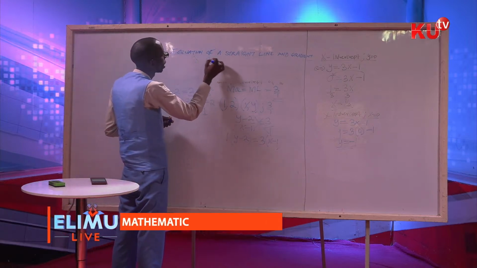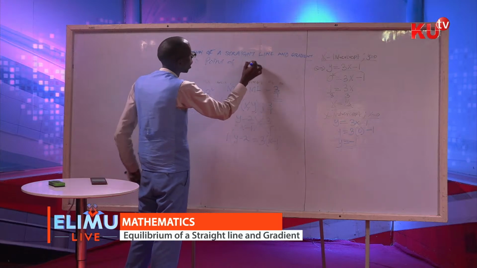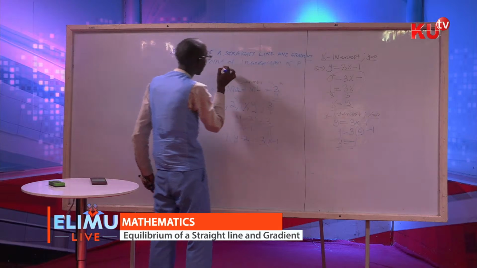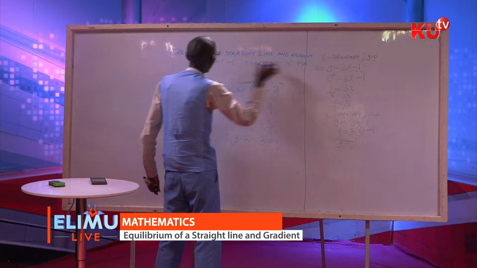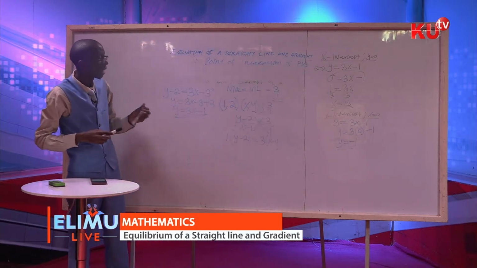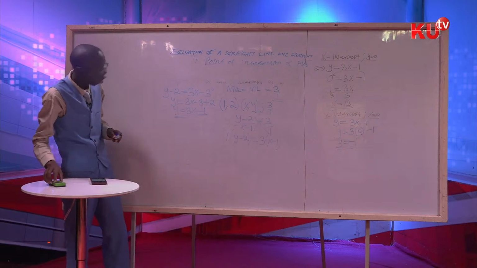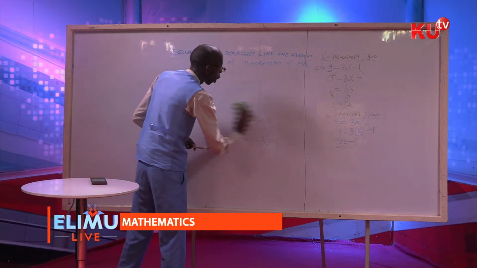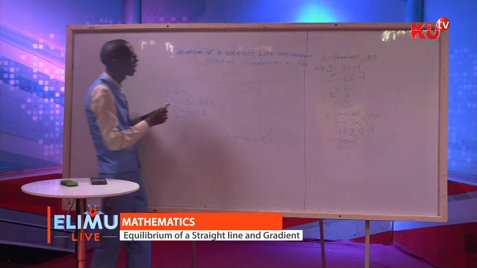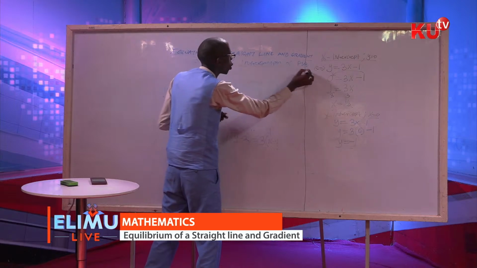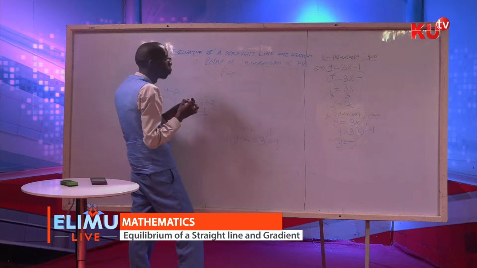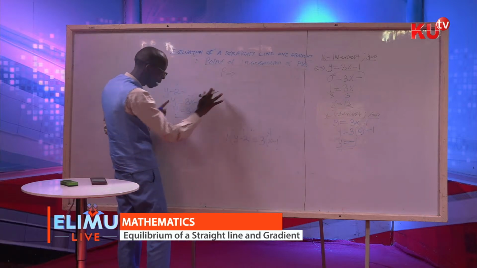Find the point of intersection of P and Q. So to get the point of intersection, or the point where P and Q meet, you first write the equation of P and Q in the form y is equal to mx plus c.